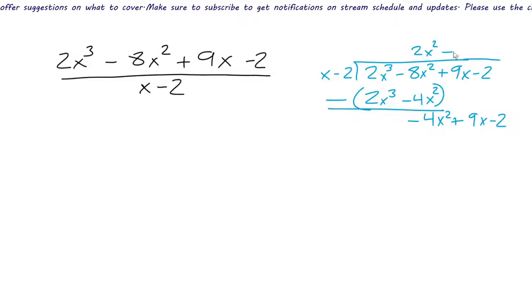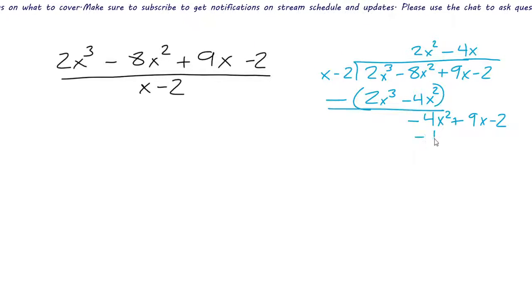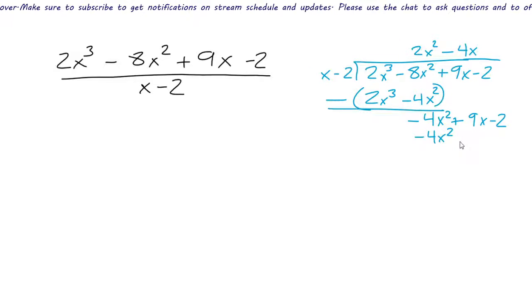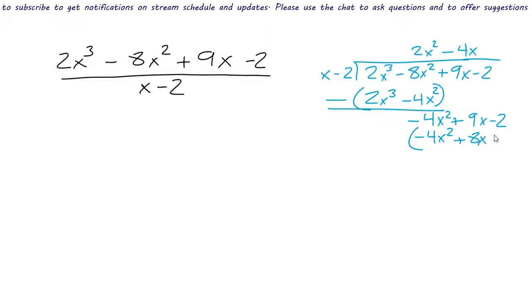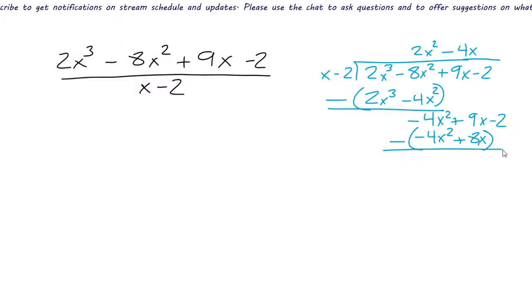You can multiply by negative 4x. Multiply. Negative 4 times negative 2 is going to be positive 8x. Subtract. These cancel. And 9 minus 8 is going to be just 1x minus 2.